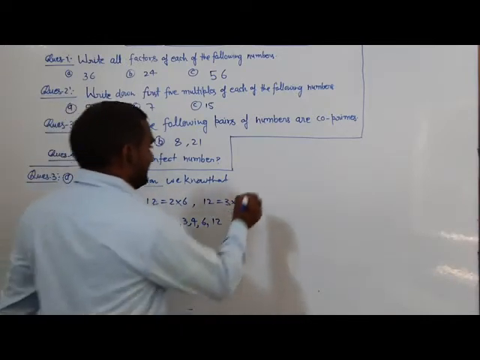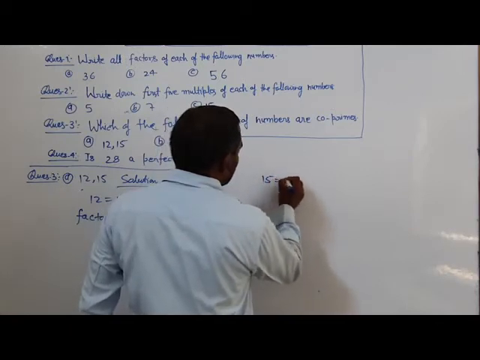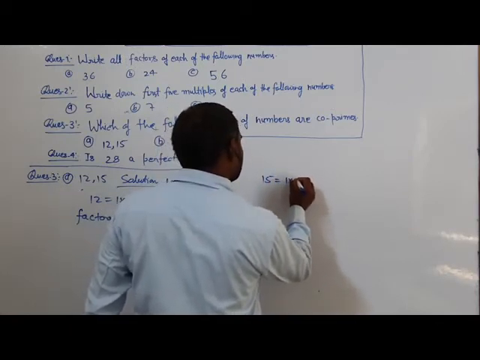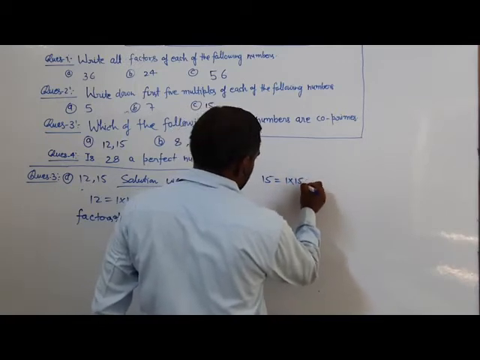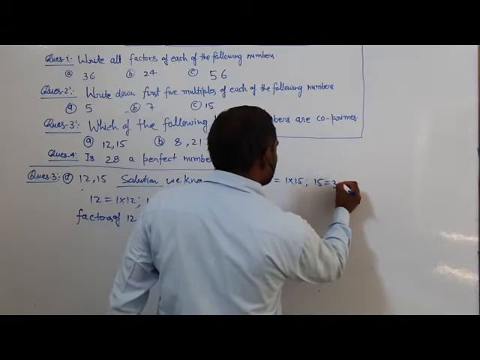Factors of 15: 15 is equal to 1 into 15, 15 is equal to 3 into 5.